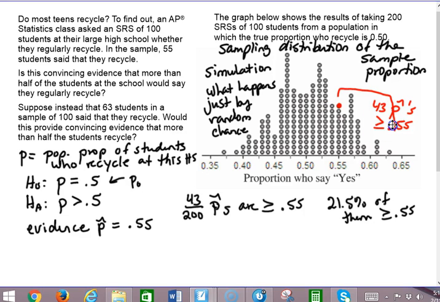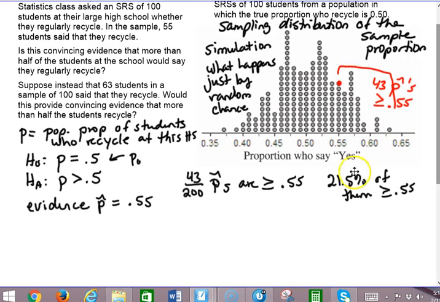This could happen pretty often just by random chance. This is kind of an estimated p-value, but this 21.5% is a p-value, telling us how likely this sample or something more extreme is to occur if the null hypothesis is really true.